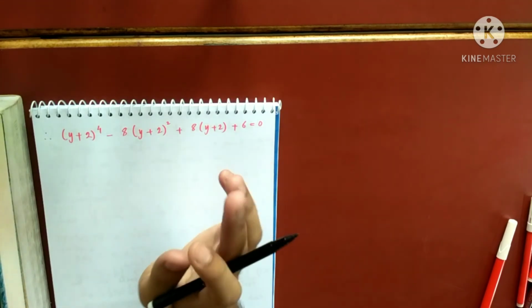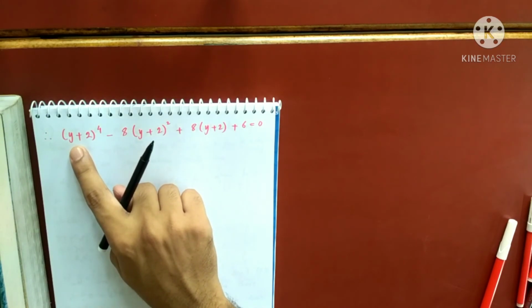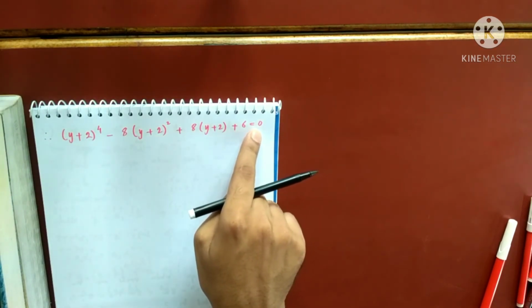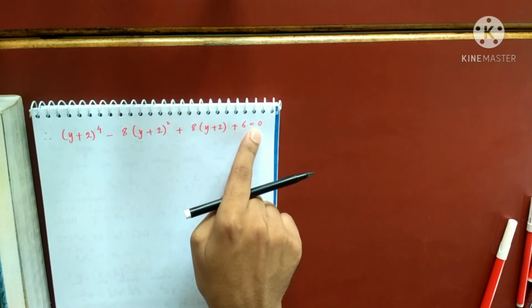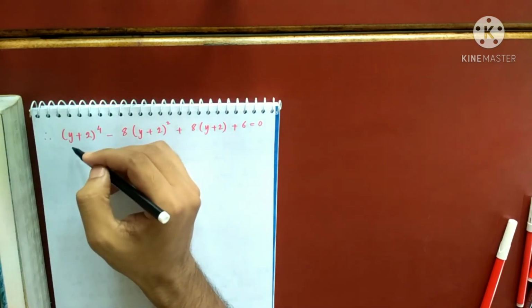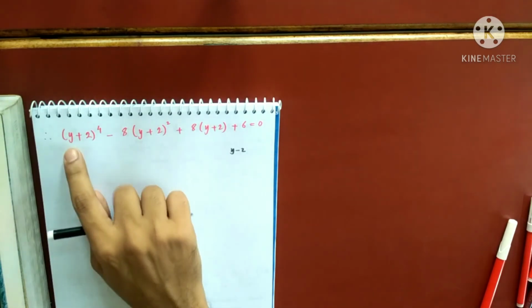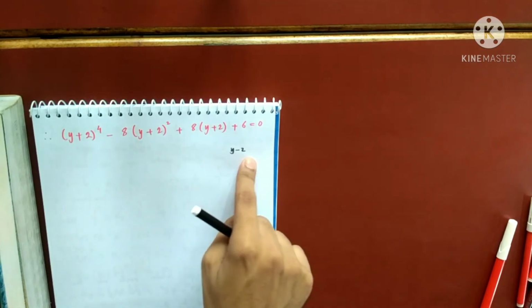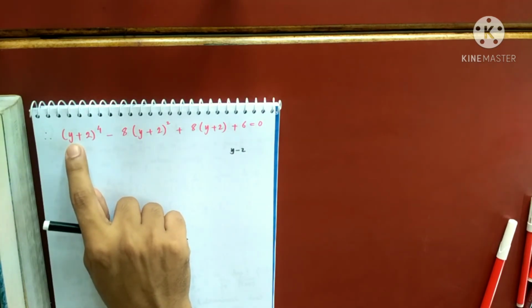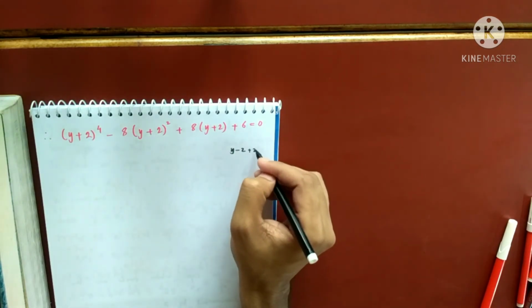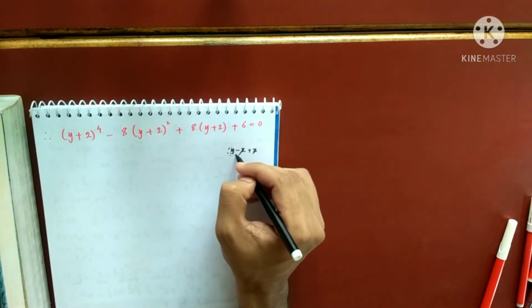So how to do using the synthetic division? I want to express this polynomial in terms of y. That means I'll put y minus 2 instead of y, and y minus 2 plus 2 will give me 0, I'll simply remain with y.